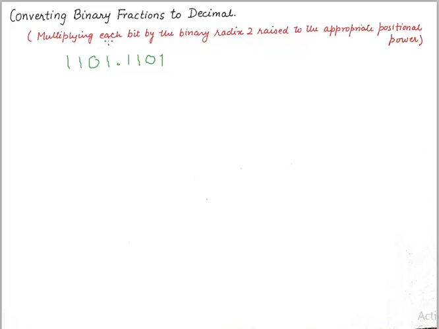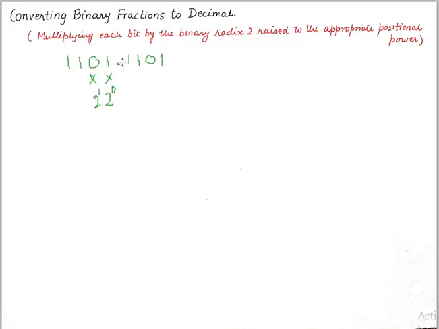So the theory is pretty simple. It says that to convert a binary number into decimal, we multiply each bit by the binary radix 2 raised to the appropriate positional power. So its positional power is at the 0th place, so 2 raised to the power 0, and this bit is multiplied by 2 raised to the power 1, and so on and so forth.